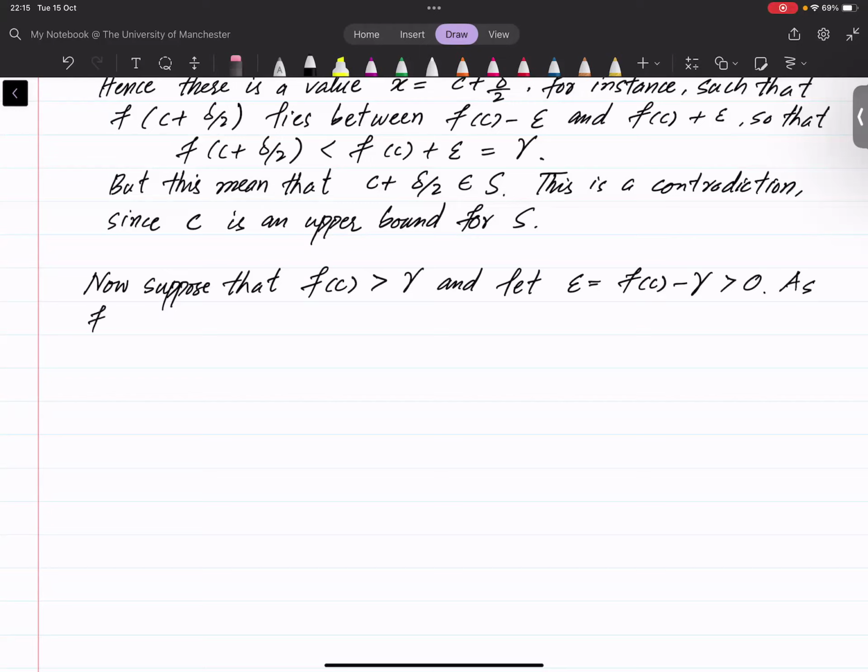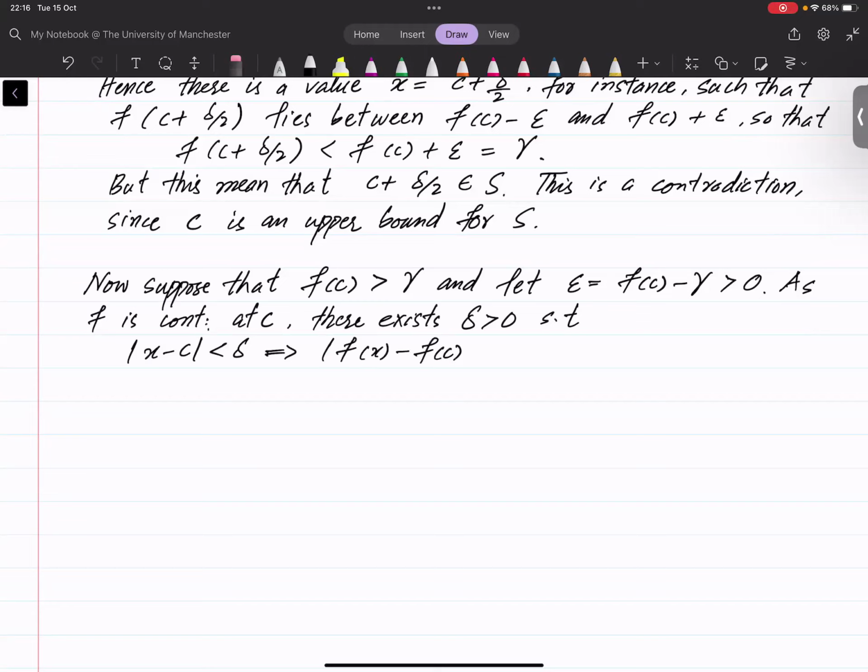As f is continuous at c, there exists delta greater than 0 such that absolute value of x minus c less than delta implies absolute value of f of x minus f of c is less than epsilon.